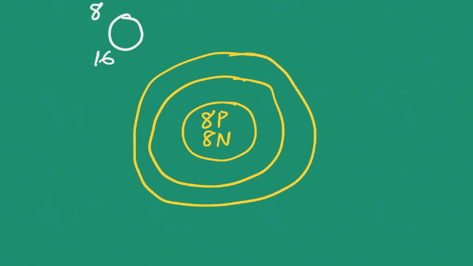According to the rule, the first shell holds up to 2 electrons. So we have 2. So we have 6 remaining, and those will go in the second shell. The second shell holds up to 8 electrons, so we now have 6 in there. So 6 plus 2 is the 8 electrons.